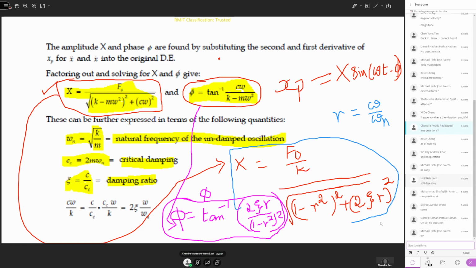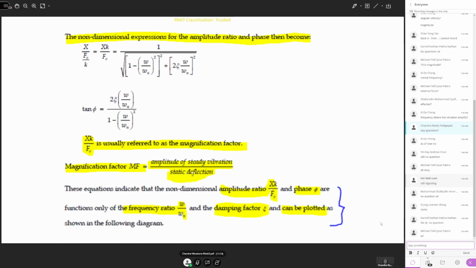I'm just telling you how you can write the magnitude of the vibration in a different format like this. So similarly, the phase in a different format like this. All right, any questions? Okay, if you have no questions, then I move on.